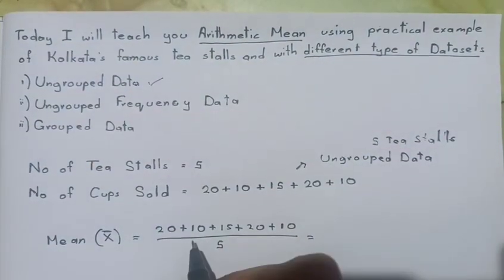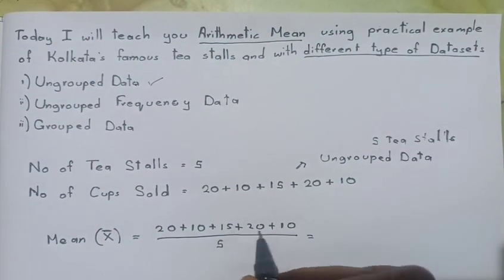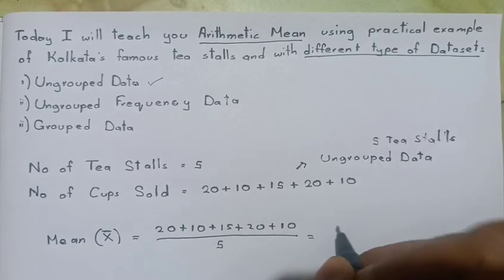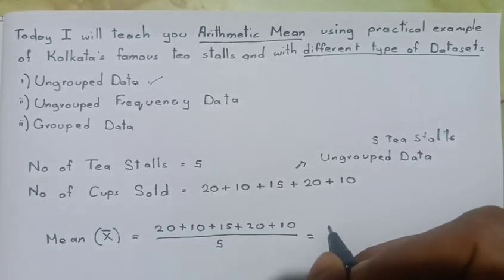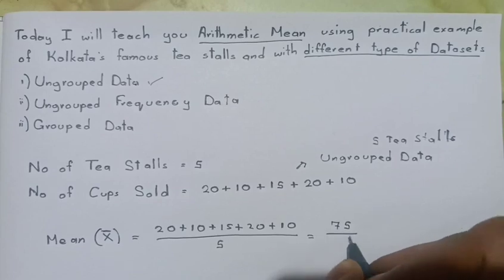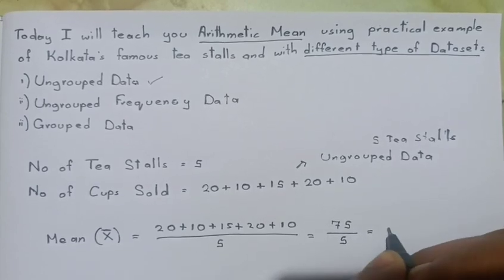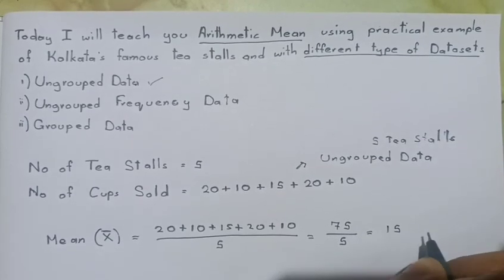Let's calculate this. 20, 30, 45, 75, divided by 5, that gives us 15.